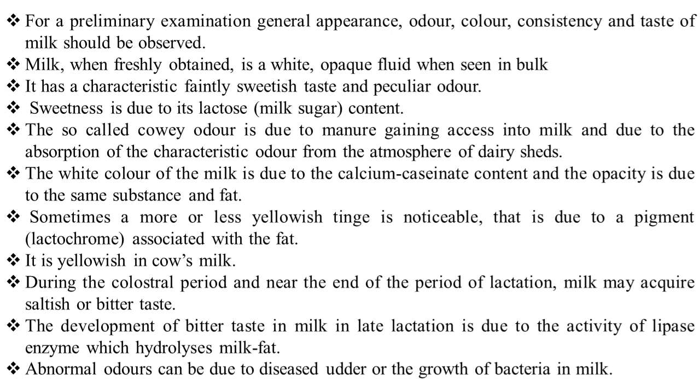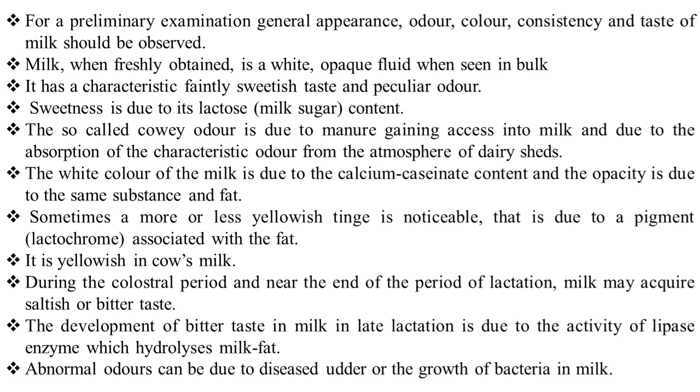The white color of the milk is due to the calcium caseinate content, and the opacity is due to the same substance and the fat. Sometimes a more or less yellowish tinge is noticeable. That is due to a pigment, lactochrome, associated with the fat.